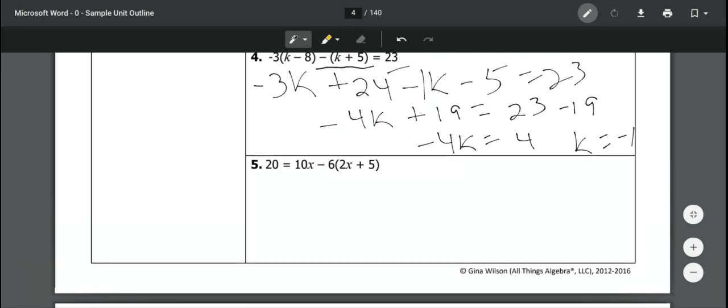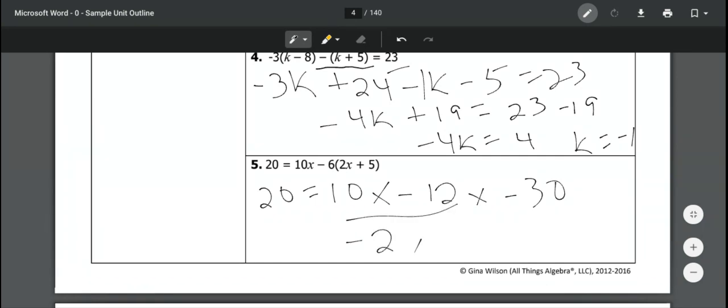And number 5. We have 20 equals 10x minus 12x minus 30. We do 10 minus 12, which is negative 2x. Then I'm going to add the 30 over to here. So that gives me 50. Divide by negative 2. And I have x equals negative 25.